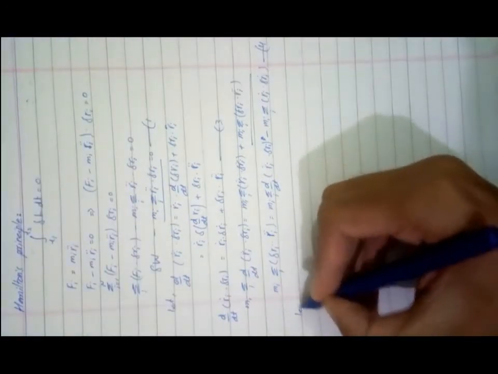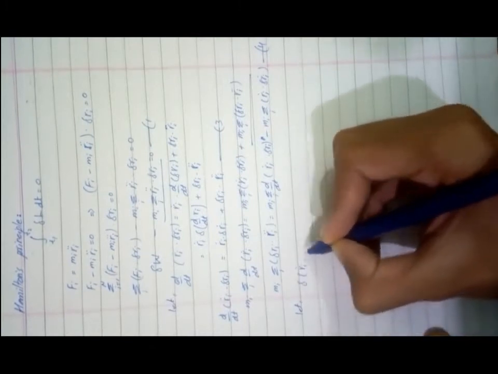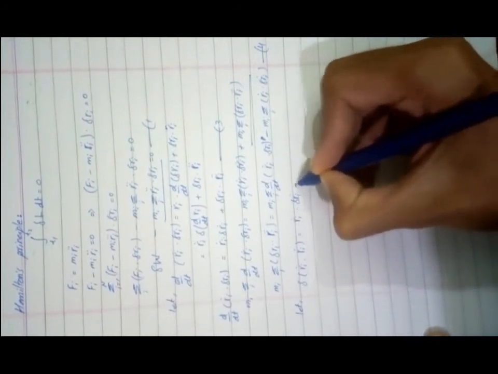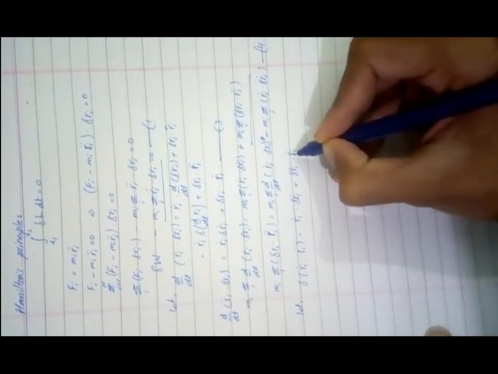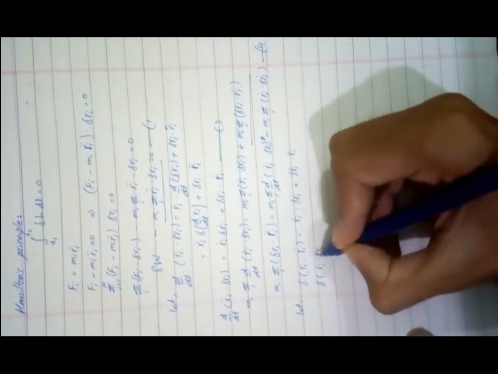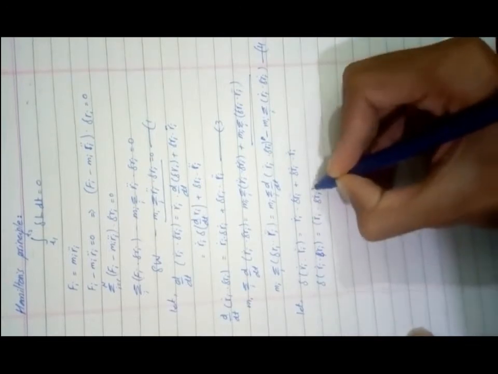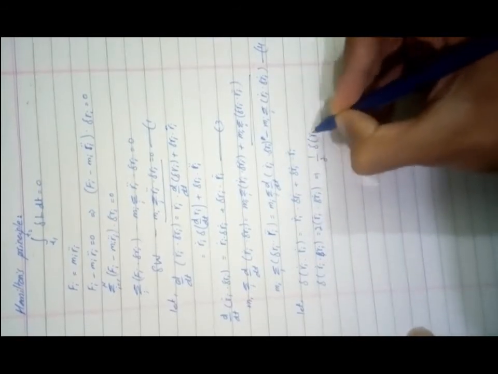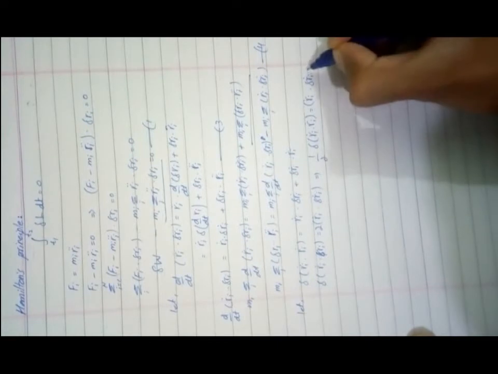Now let again del (ri dot ri) be written as ri dot del ri plus del ri dot ri, as a dot b and b dot a, so we can write it as equals ri dot del ri into 2, or 1 over 2 del (ri dot ri) equals ri dot del ri.